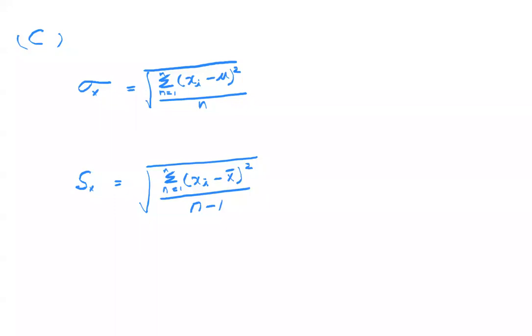Okay, average difference of each data from the mean. In maths, when we say difference, we must take the big minus the small. We know pretty well that some of the data may be more than the mean, some may be less than the mean.